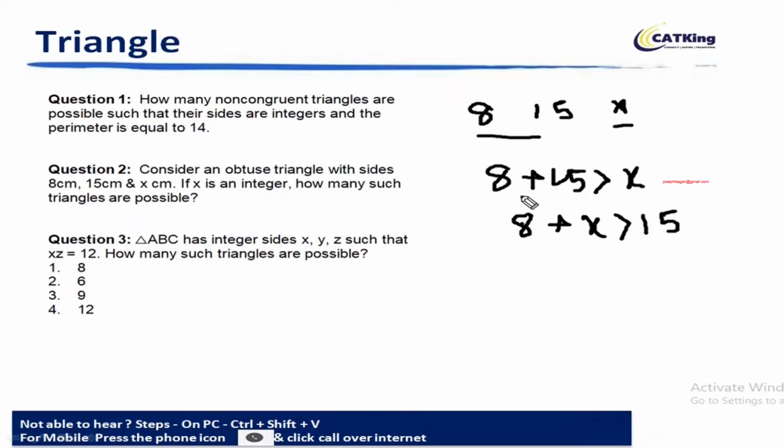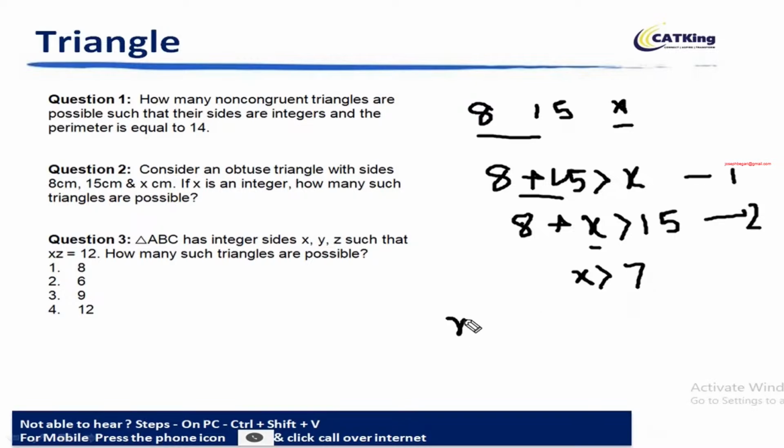x is smaller than 23 from the first equation. And from the second equation, we can say that x is greater than 15 minus 8, which is 7. Right?